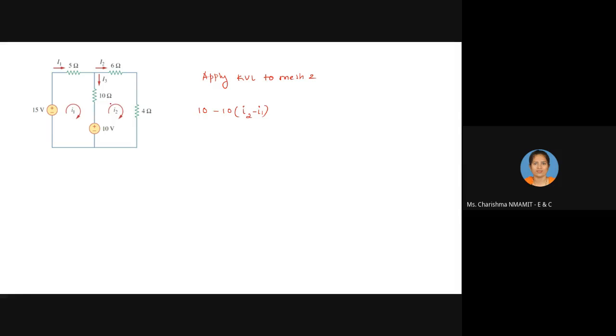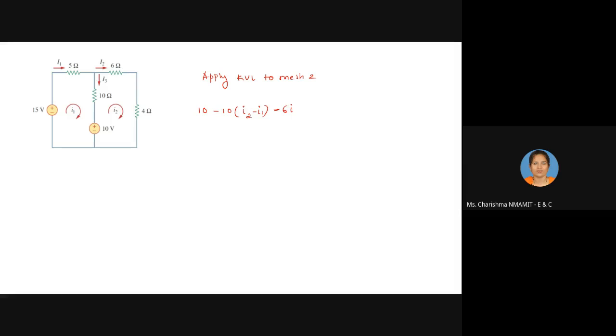See, I am considering the KVL equation for mesh 2, so I am moving according to the mesh current I2.